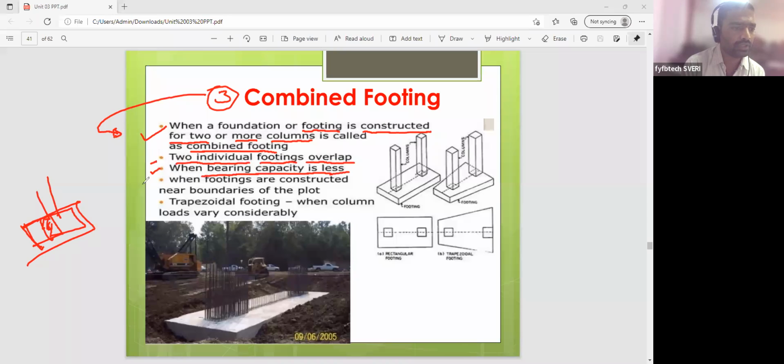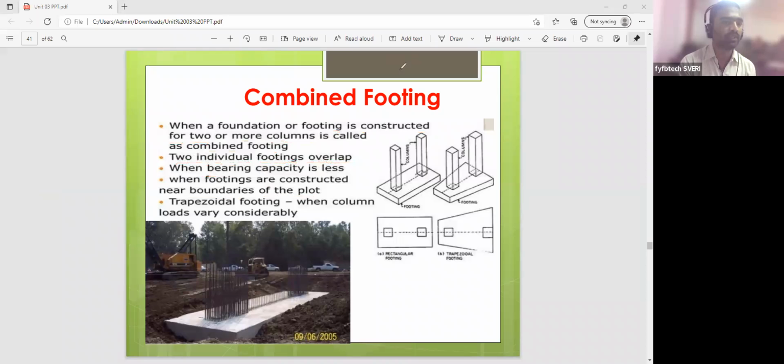Then, when footings are constructed near the boundaries of the plot. Yes, this is very, very important. In the exam he may ask. This is your entire boundary, boundary means your plot. I have to construct a footing. Now here there is a column.